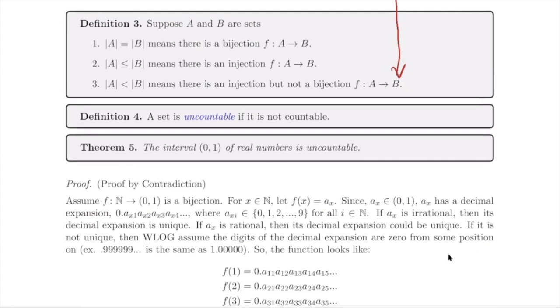So it has some decimal expansion like this. Some of them might terminate, some of them go on forever because we're including the irrational numbers in here now. So ax1 is like the first decimal of ax. ax2 means the second decimal of ax, and so on.